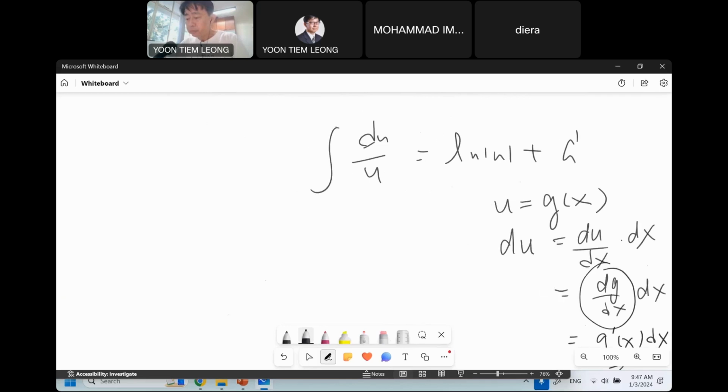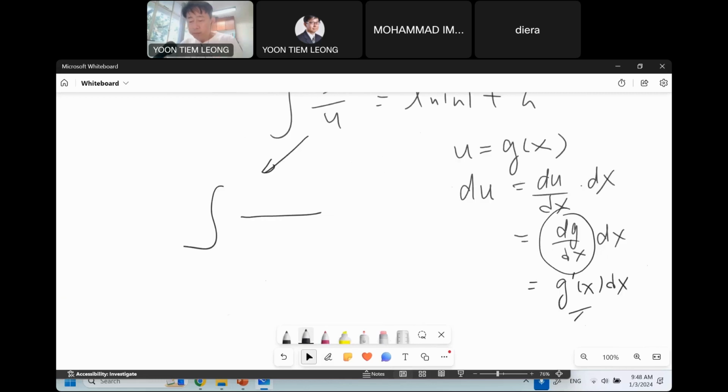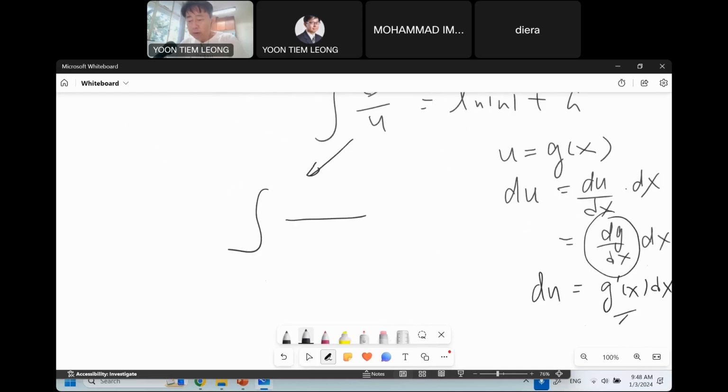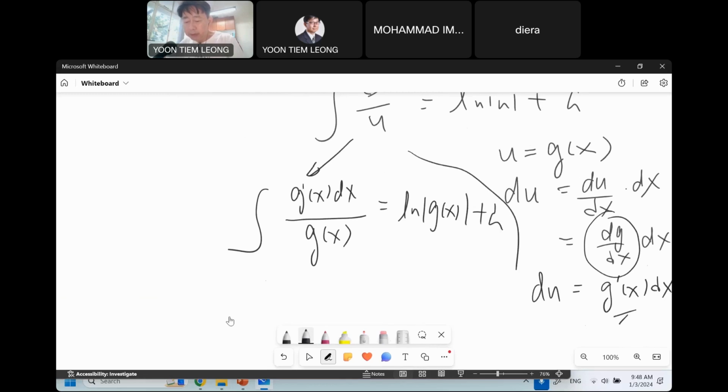So with this, the expression of du over u would then be expressed in the form of g prime x dx. So here you have g prime x dx, and downstairs u is now replaced by the expression g(x), and that is equal to the log of the absolute value of g(x) plus c.